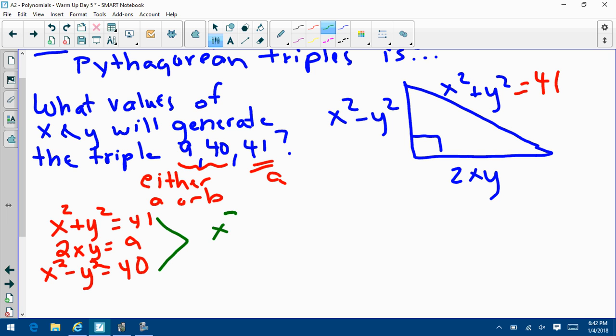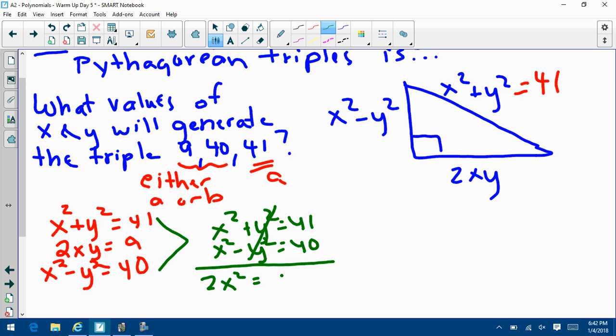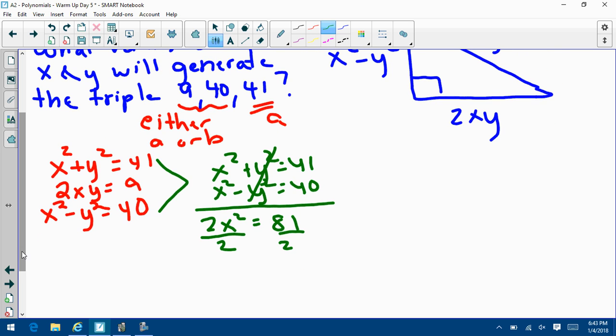If I take x squared plus y squared equals 41, and x squared minus y squared equals 40, if I add those together, what do we get? Well, the y squareds are gone. I'd have 2x squared equals 81. I'd have to divide by 2. So we'd get x squared equals 40.5.